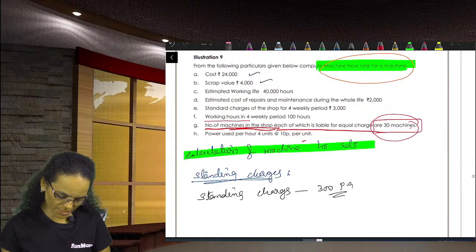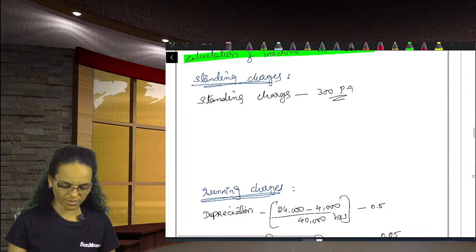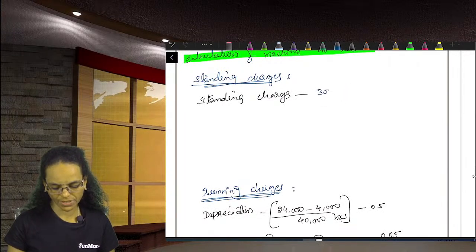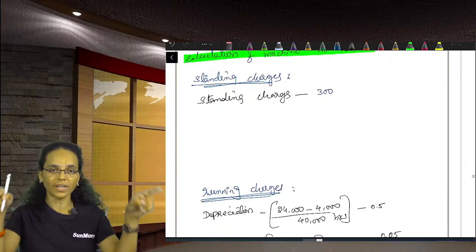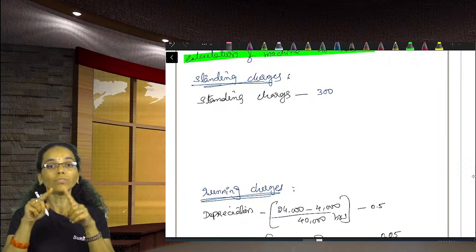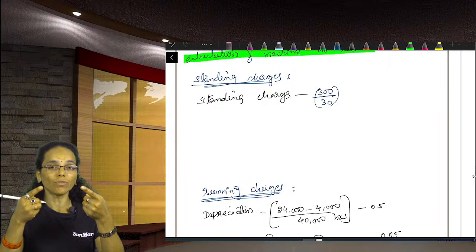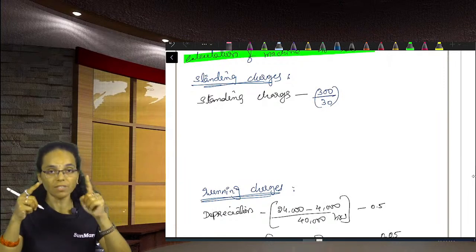Working hours in 4 weeks. Okay, first we will see, 300 rupees is the expenditure we are incurring for running this shop. In this shop, that is a manufacturing unit, we have 30 machines. So this is for the 30 machines. So we came to know what is the standing charge for one machine.